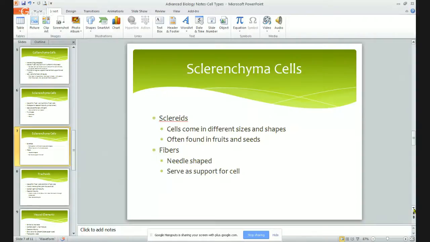So you can see that it's got a very thick secondary cell wall, very thin primary cell wall, and that tiny space where the protoplast used to be is the lumen. So you can see that both the sclereid and the fiber do have very small lumen spaces where the protoplast used to be. And then the main function for a fiber is going to be support.